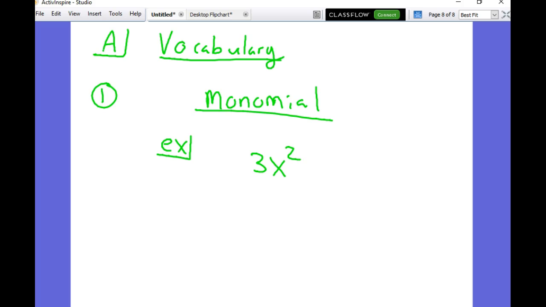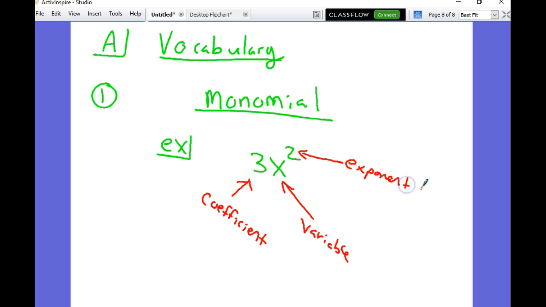It's going to have a number in the front called a coefficient. It's going to have a variable. And that variable will have an exponent.